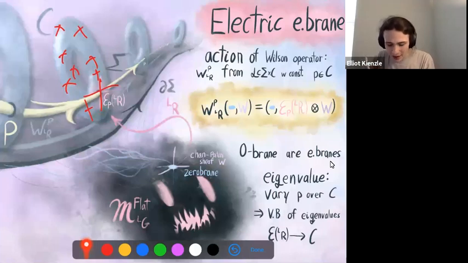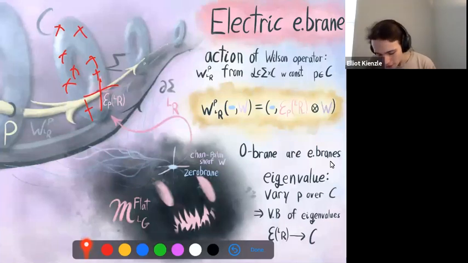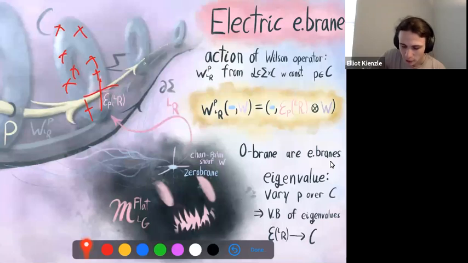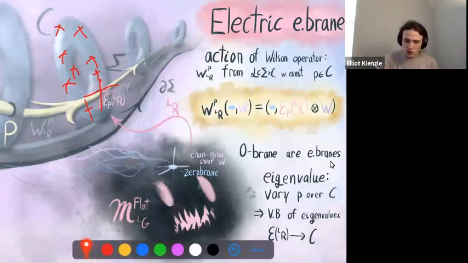And the eigenvalue corresponds to this vector space here, the one at this point P. And as a more useful notion, we can consider varying the eigenvalue over the whole curve C, which traces out a vector bundle of different eigenvalues. So if we drop this P index, we can consider this whole family of Wilson operators, and it has an eigenvalue of basically this canonically associated flat GL bundle.